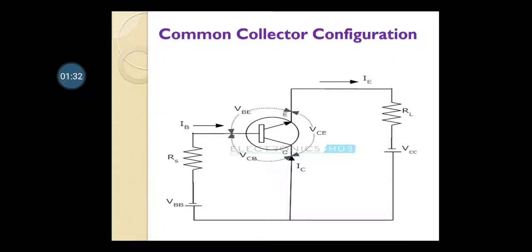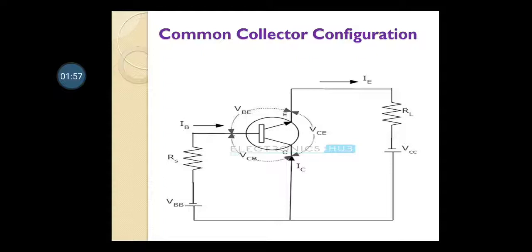Here you can see base is input, and IB is the current flowing through the base, and VBB is the base voltage, since the voltage source connected here is named VBB. RS is the input source resistance for the base.